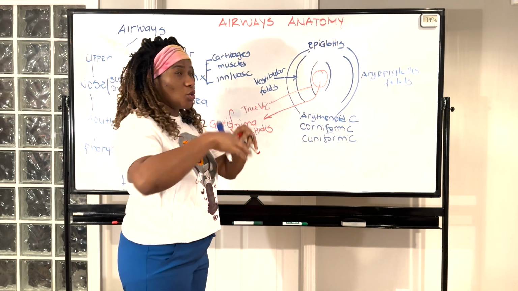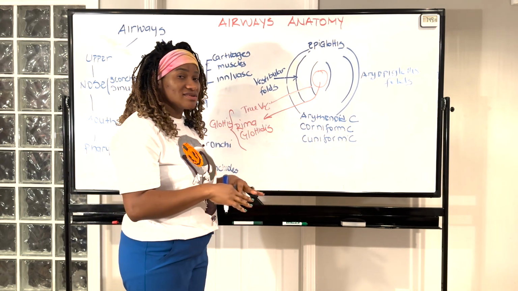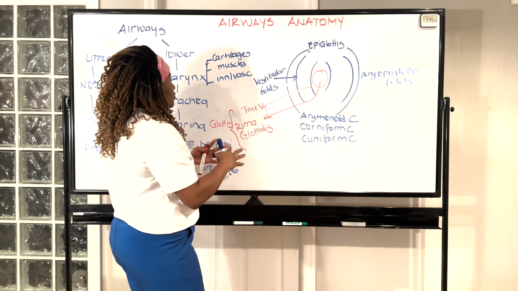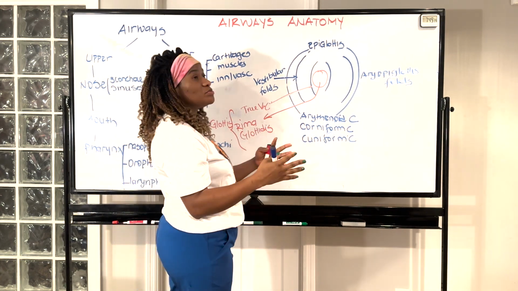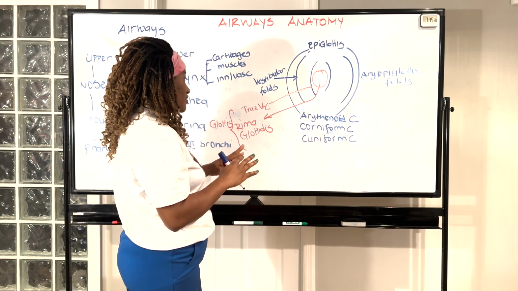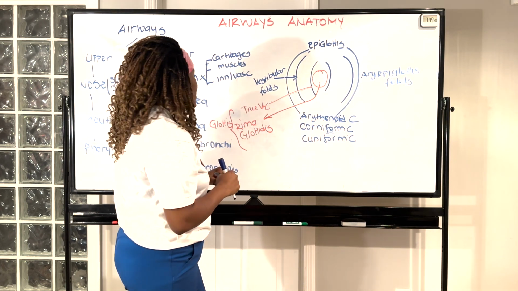The glottis can open and it can close, and it has to do that, right? So there are two muscles that help with the opening and the closure of the glottis.